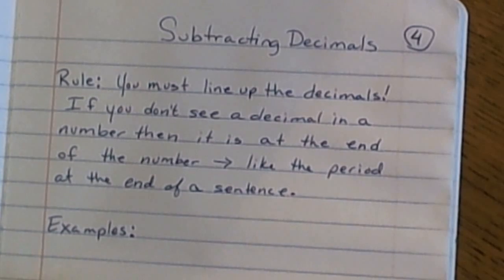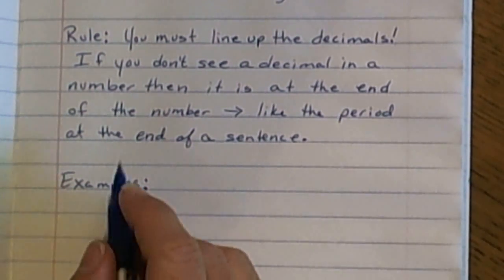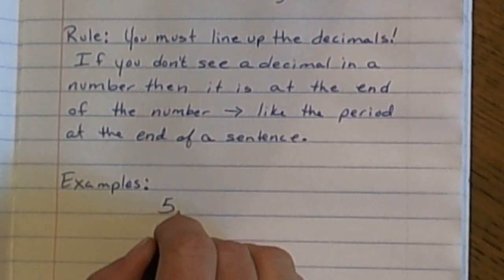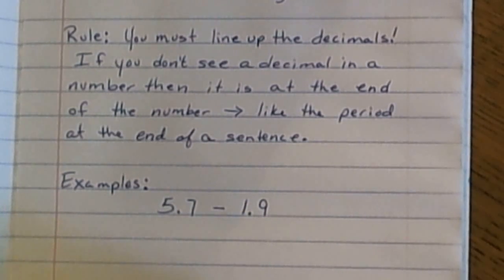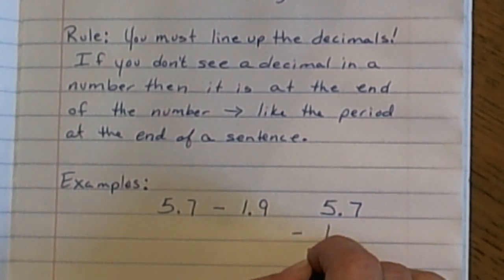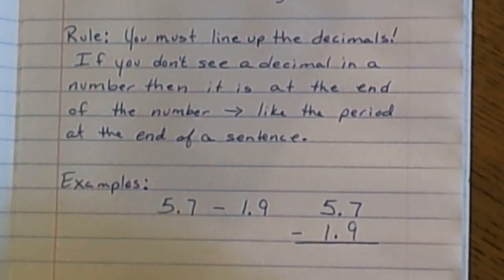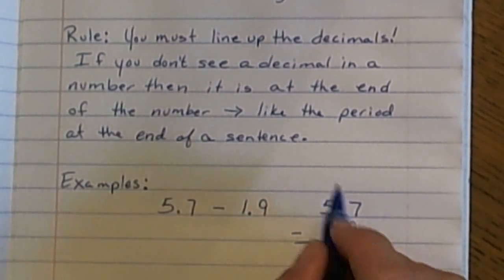Let's try a couple of examples. Don't forget, if I'm going too fast, you just have to press pause. If I have 5.7 minus 1.9, all I have to do is line up the decimals, 5.7 minus 1.9, and subtract. I can't say 7 minus 9, so I have to borrow.